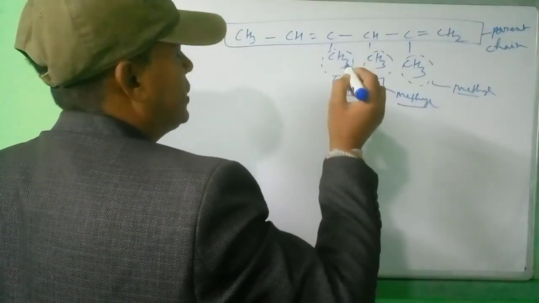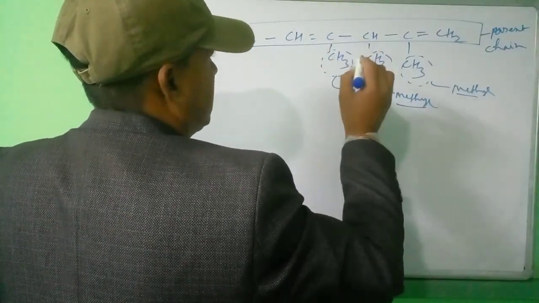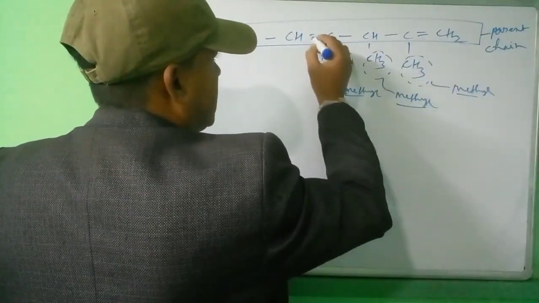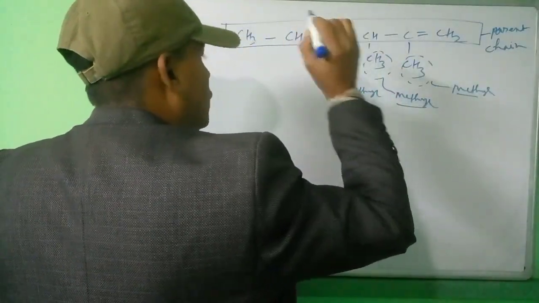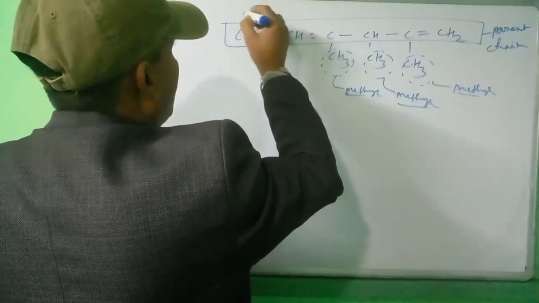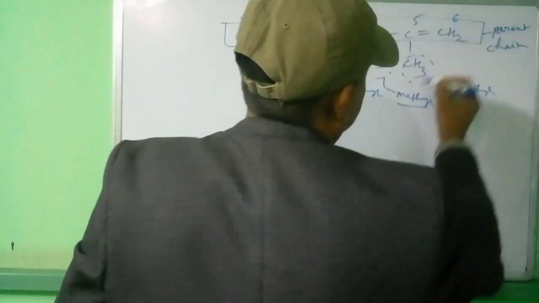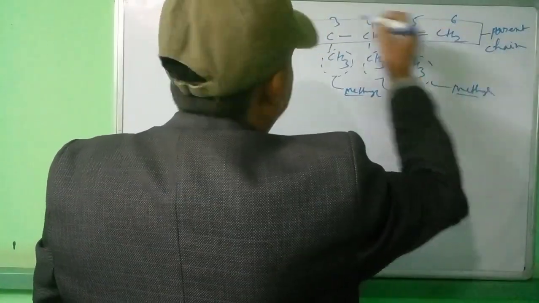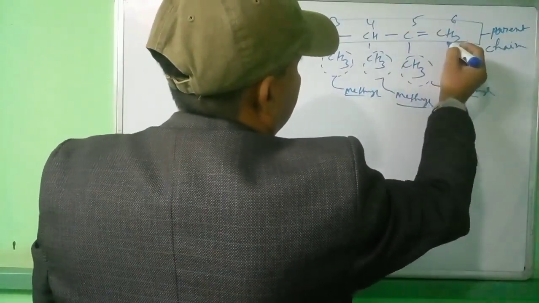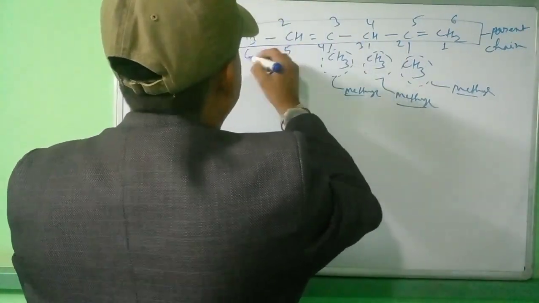Our target is to give the double bonded carbon atoms the lowest possible numbers. Checking 1, 2, 3, 4, 5, 6: the first double bond is at the first carbon, and the fifth carbon is double bonded. Now right to left, 1, 2, 3, 4, 5, 6.